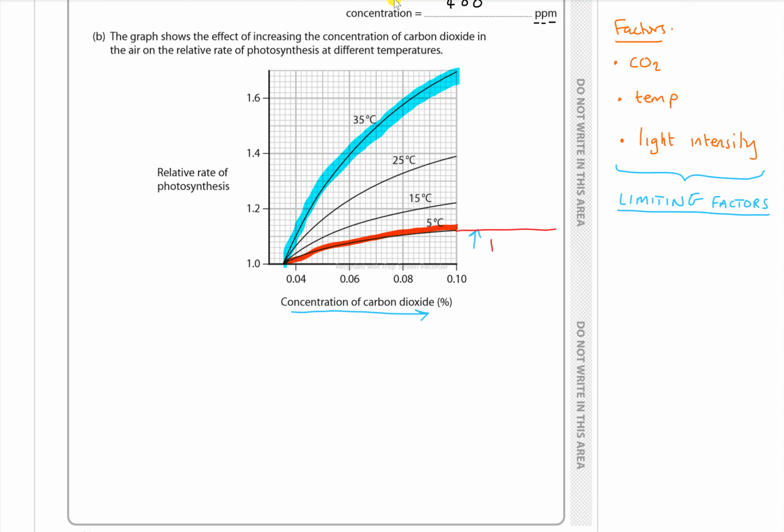So it doesn't matter how much extra carbon dioxide you add, it will not affect the rate of photosynthesis. So that's one of the limiting factors. Up to that point, it's a limiting factor. Beyond that, it doesn't matter how much CO2 you add, it's not going to improve the rate of photosynthesis.